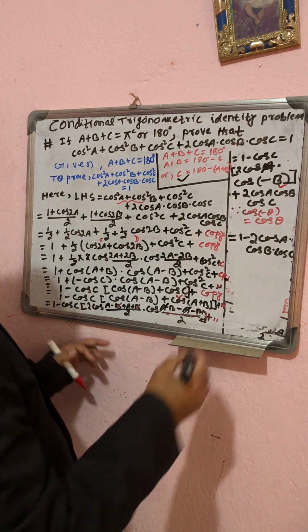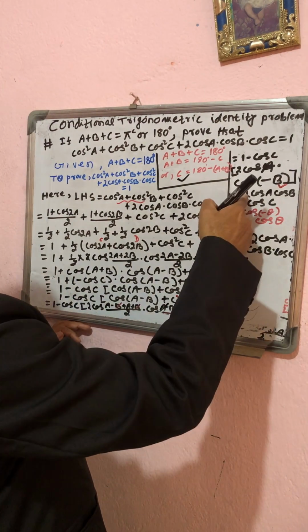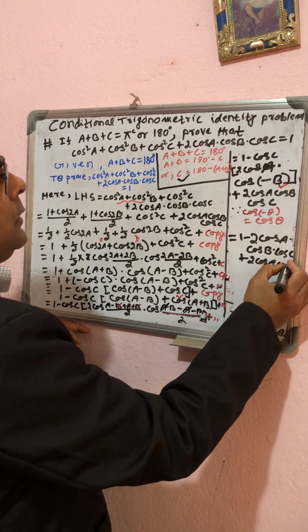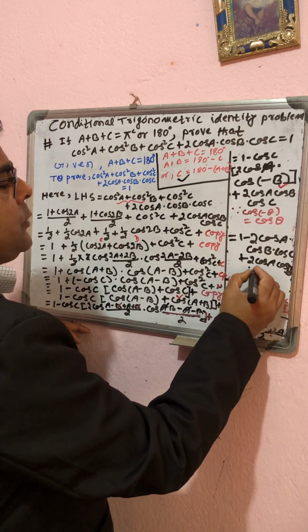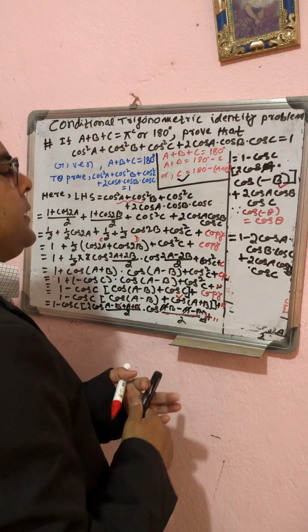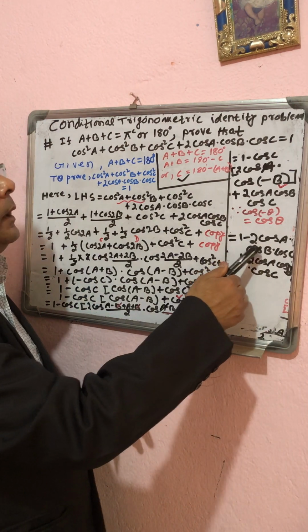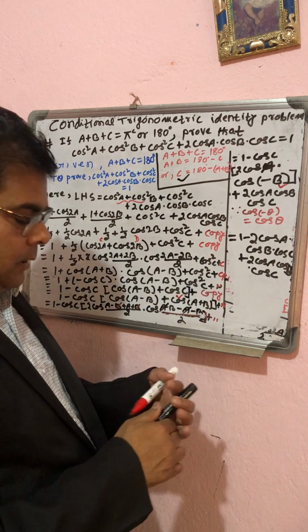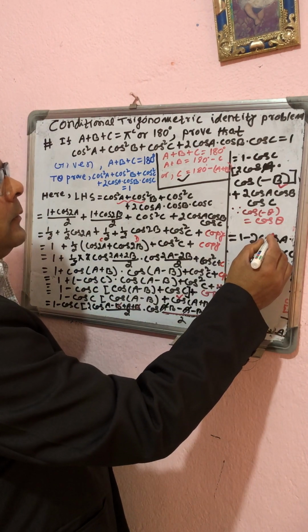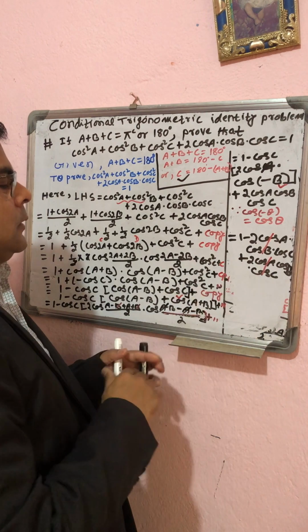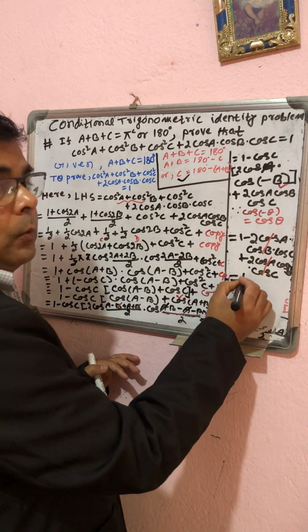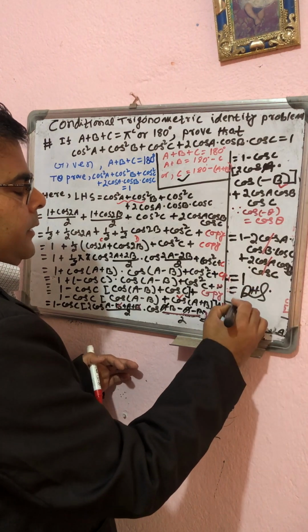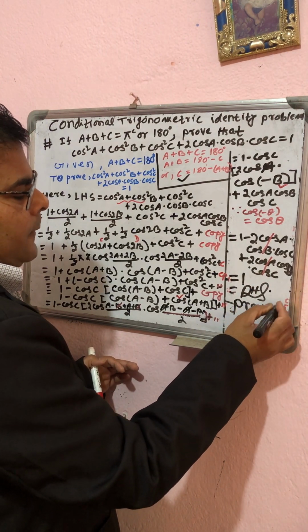Then you have 2 cos A cos B times cos C. So let's check: this is negative 2 cos A cos B cos C, and this is positive 2 cos A cos B cos C, so they cancel each other. What we are left with is 1, which is the RHS, and hence this is proved.